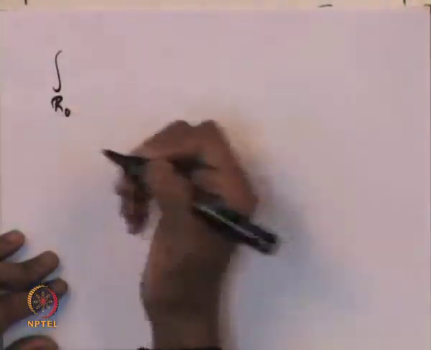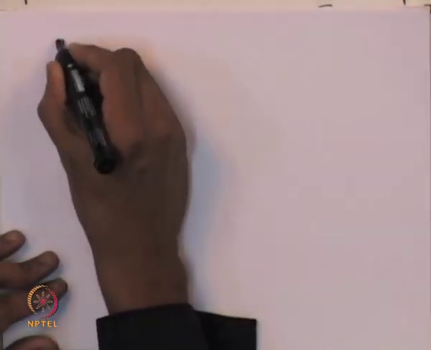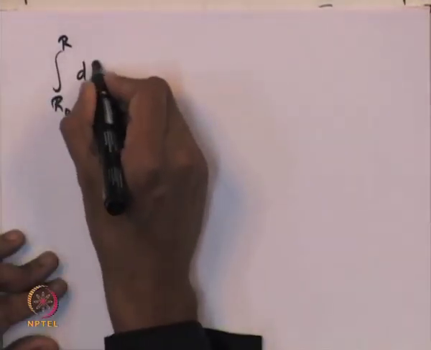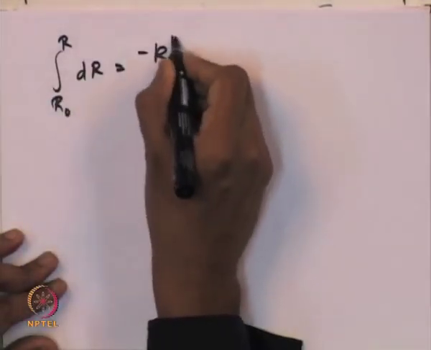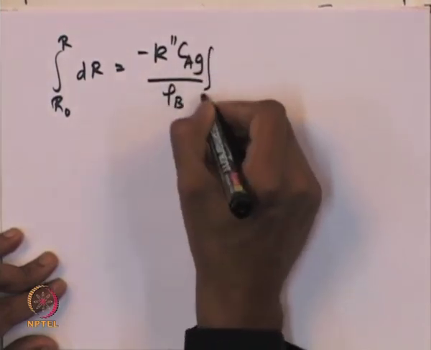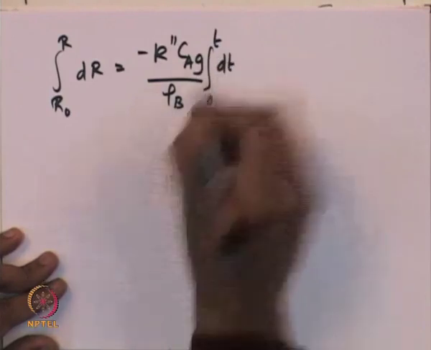Now we can integrate this expression to find the radius of the unreacted core as a function of time and other properties. r naught is the initial particle size, and suppose at any instant in time r is the size of the unreacted core, that is equal to minus K prime C_AG divided by rho_B integral between 0 to t dt.